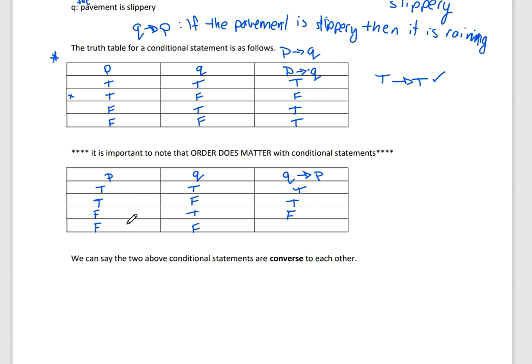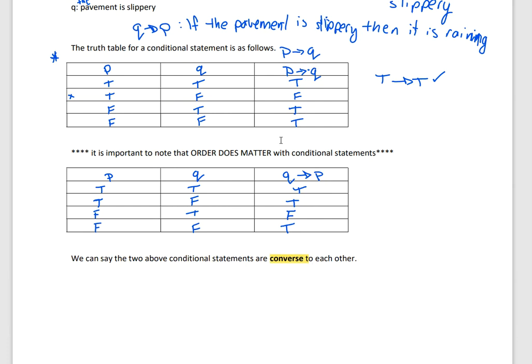And false implies false. Again, it starts with false, so my outcome is going to be true, regardless of what my second statement is. Okay, so we have both options for our implication with two simple statements. When we're doing this opposite direction, so P implies Q and Q implies P, we call those converse conditionals.